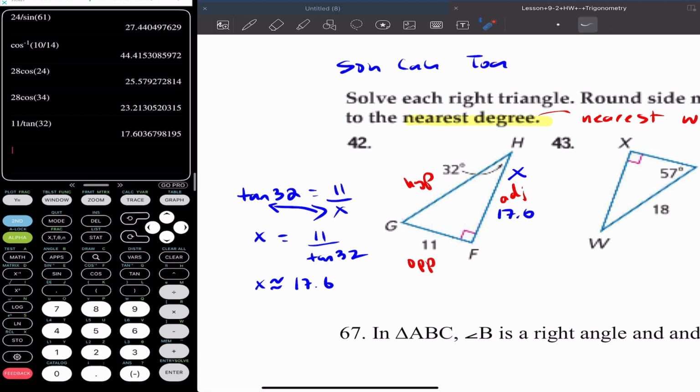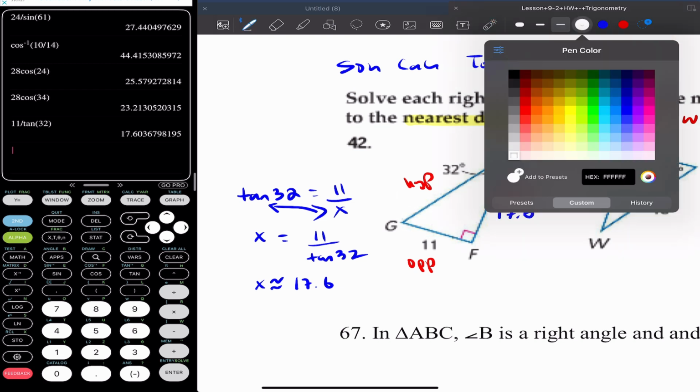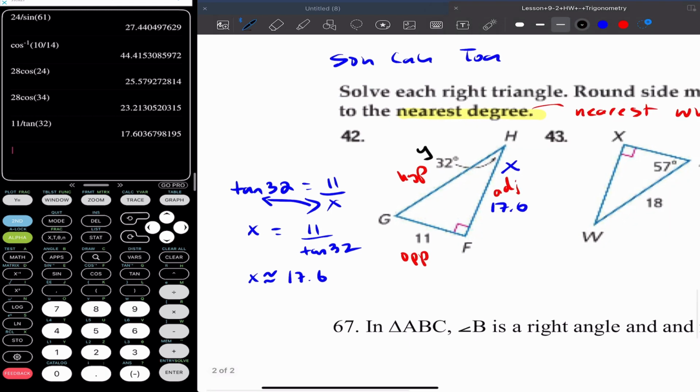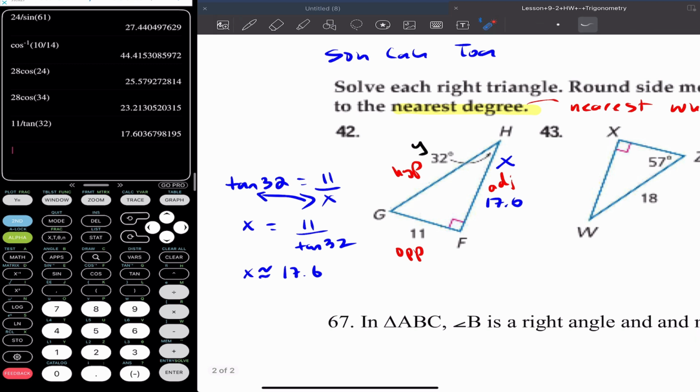And then I got to figure out what this side here is as well, which I'm going to call y. So I have opposite and hypotenuse. So opposite hypotenuse, that's using the sine function. So I write sine of 32, which is equal to 11 over y.